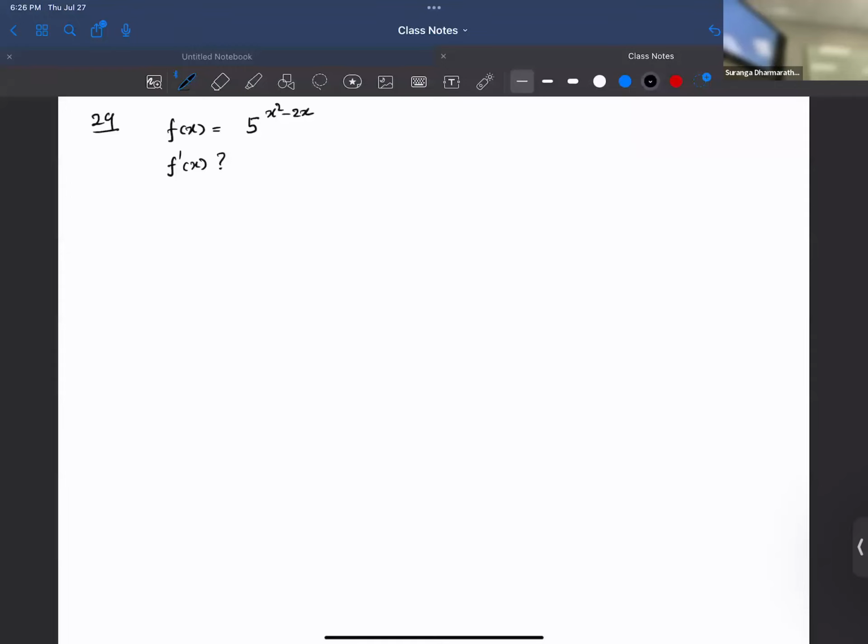Now, move to the power 5, you can do this. But when you have 5 to the power, you know, right, there's an equation.